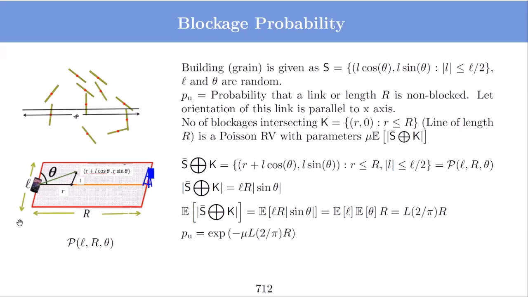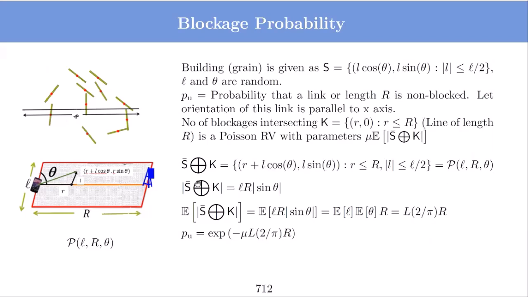The parallelogram will have length R and other length L, and the angle between them will be theta. You can also prove this using the definition of S and K. The Minkowski sum will be denoted by all possible sums of these two vectors. So you will get all vectors such that r plus l cos theta and l sin theta, where r is less than or equal to capital R, and mod l is less than or equal to L by 2, which is the parallelogram.